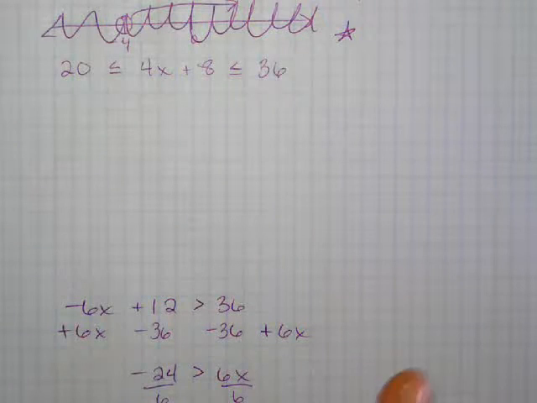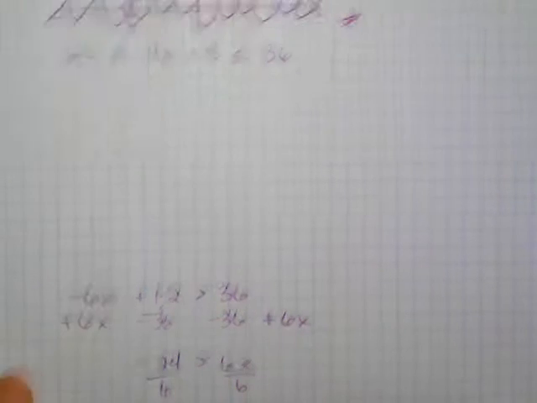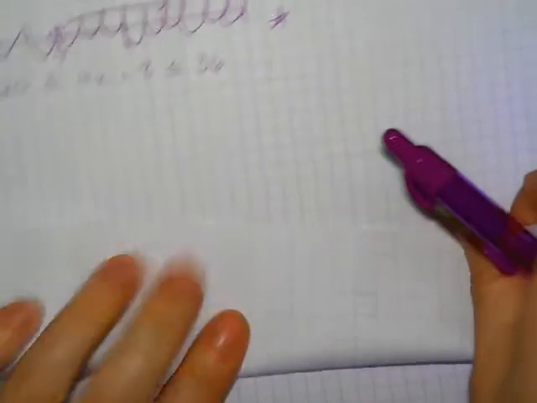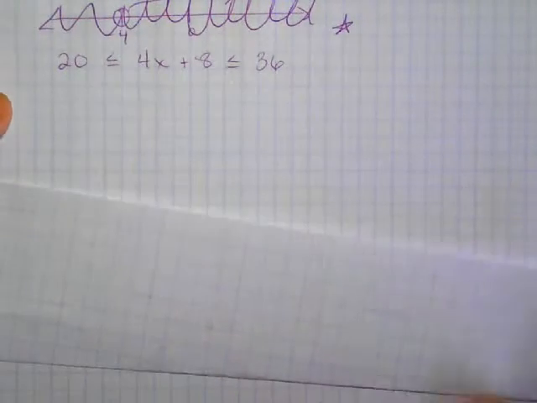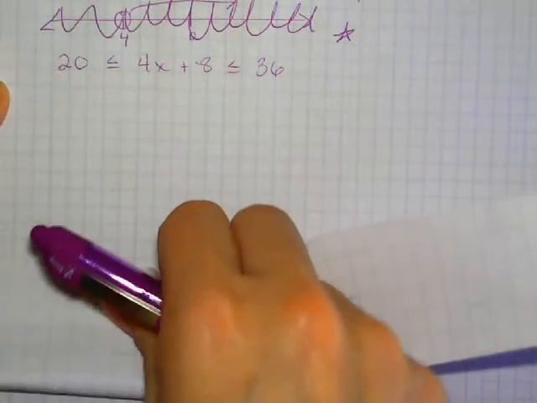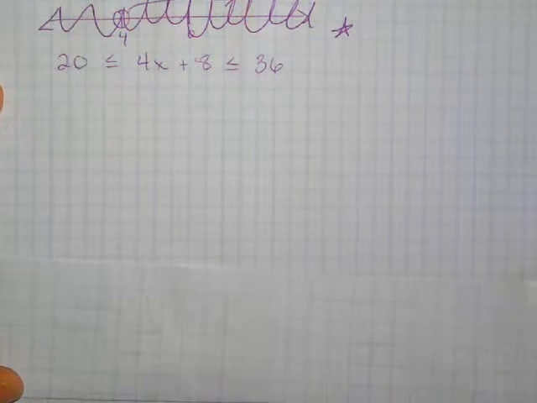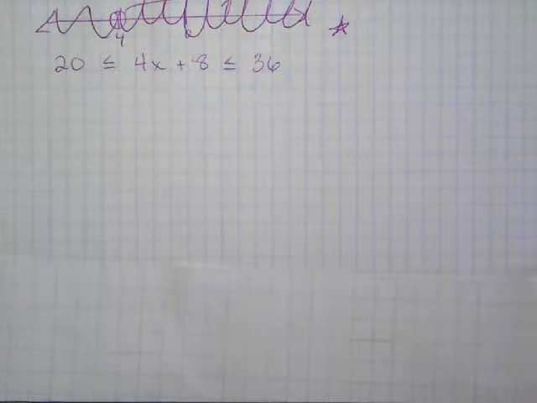What's my next step? Divide everything by 4. So I have 3 less than or equal to x, which is less than or equal to 7. What's another way of saying this? 3 is less than or equal to x, which is less than or equal to 7. What's a simple way of saying that? x is anywhere between 3 and 7, including 3 and 7.